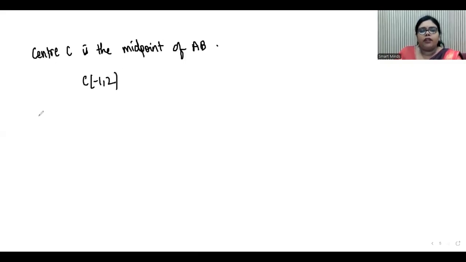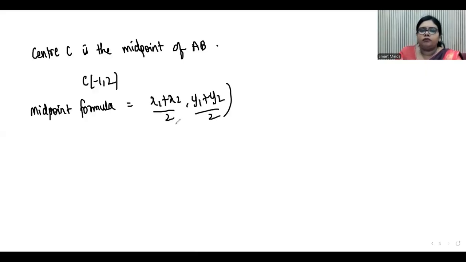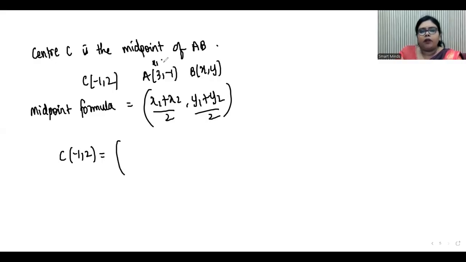This is the midpoint. Now we will use the midpoint formula. What is the midpoint formula? ((x1 + x2)/2, (y1 + y2)/2). Now A is (3, −1) and B is (x, y). Here in place of the midpoint we will write C. C(−1, 2) is equal to, take point A as (x1, y1), point B as (x2, y2).